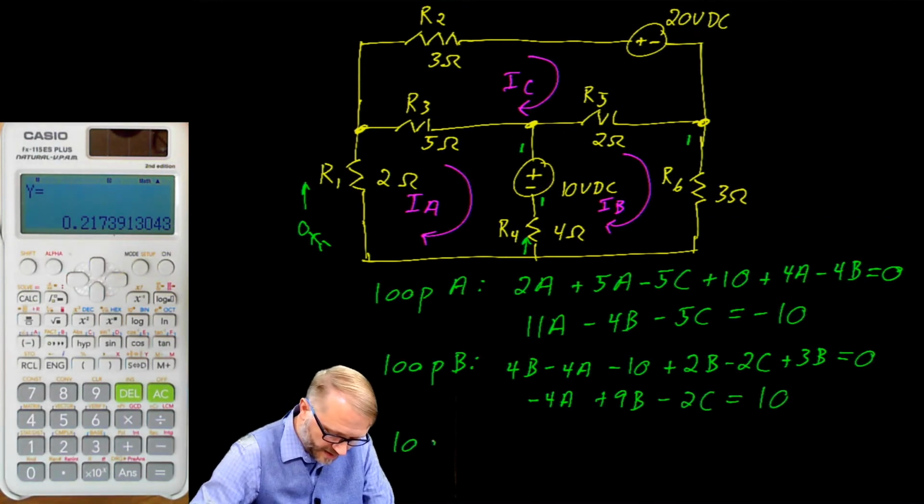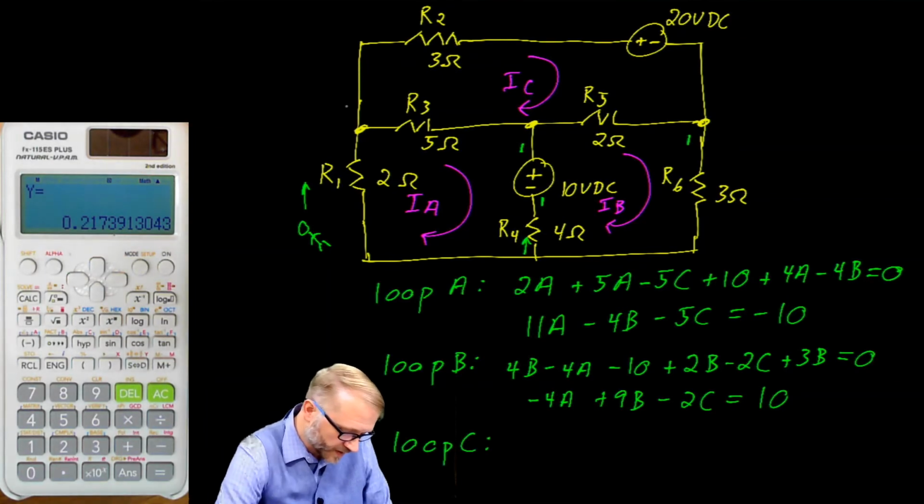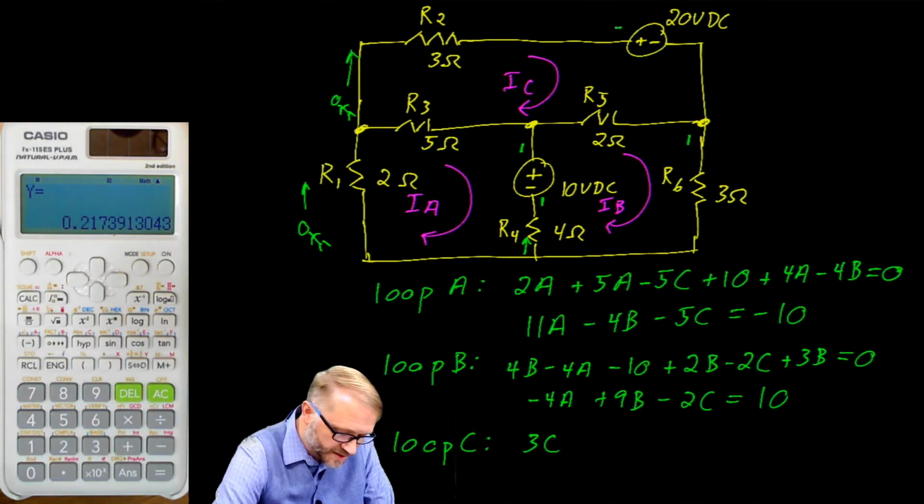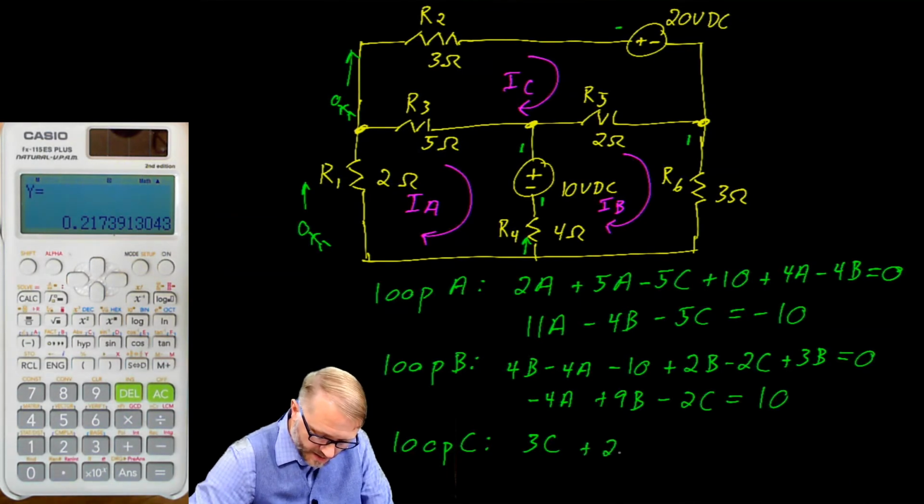And finally, the last loop, loop C. We start our journey here, moving that way. We record that as 3C, brings us to this power supply, plus 20.